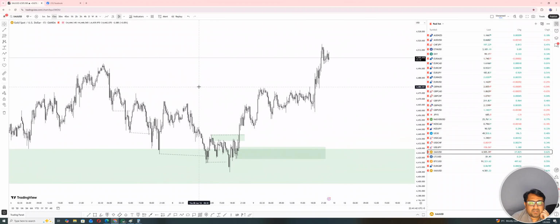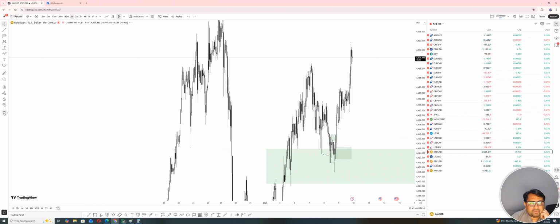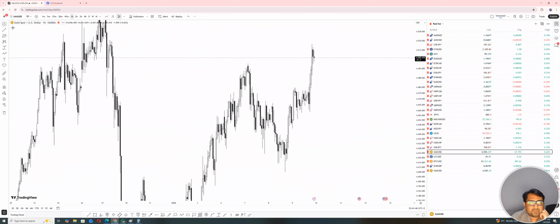And now we have a break of structure on the daily time frame, because the market made a high and made a low, okay, and the market made a high. So it means that the swing high is broken. It means we have an extreme order block on this area.